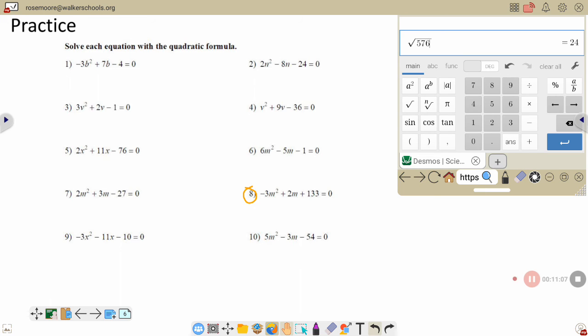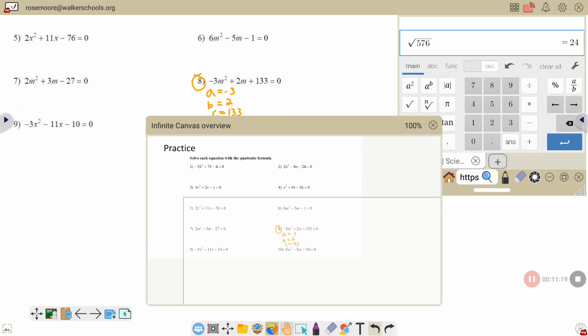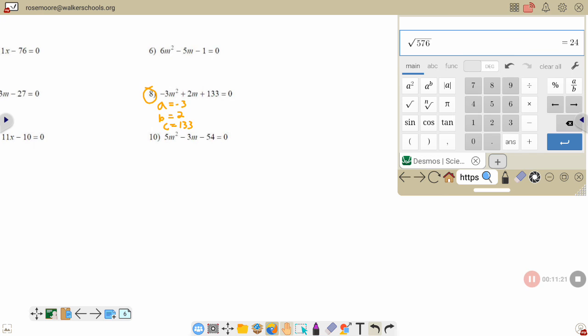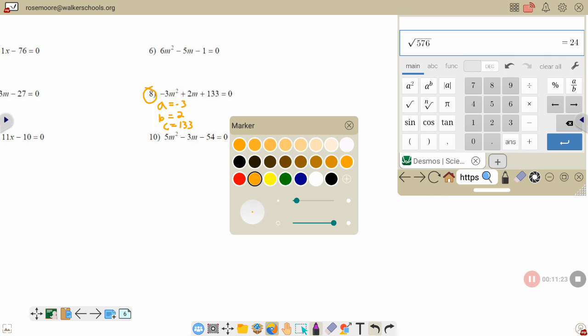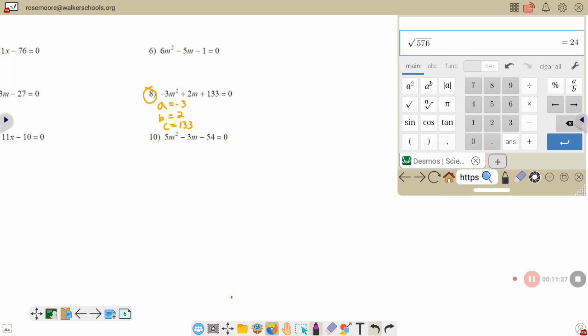All right, A is negative 3, B is 2, and C is 133. Wow. Never fear. Okay, let's give myself a lot more room here. Opposite of B, start like normal.